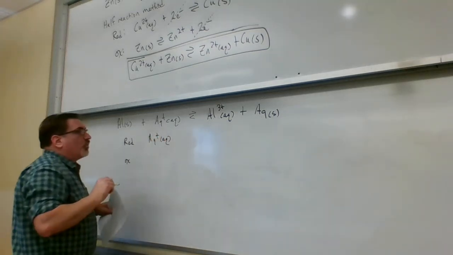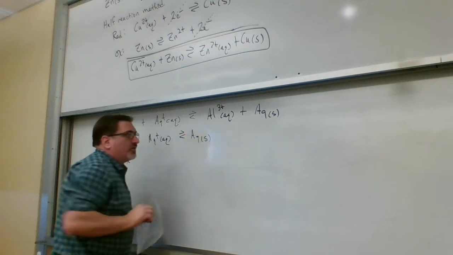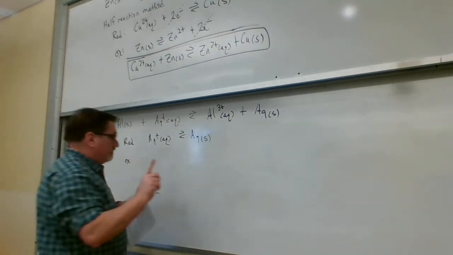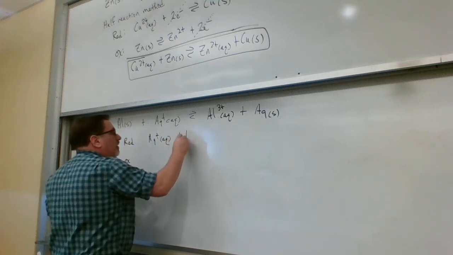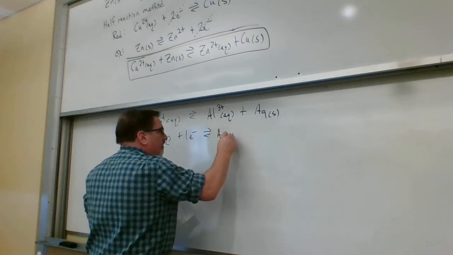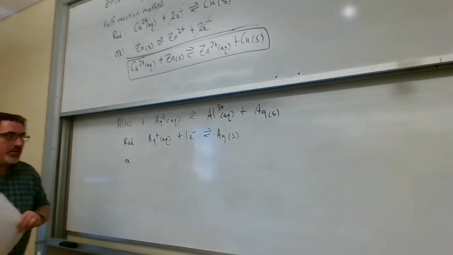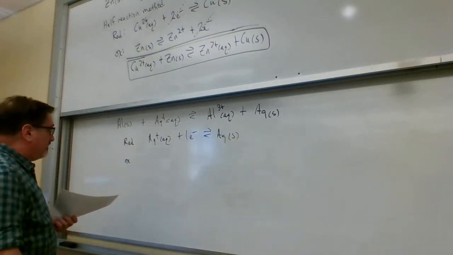It goes from +1 to 0. That's a 1 electron reduction. So when we write this, we need to include 1 electron on the left-hand side to make our Ag solid. There's our reduction half reaction before balancing across the two.